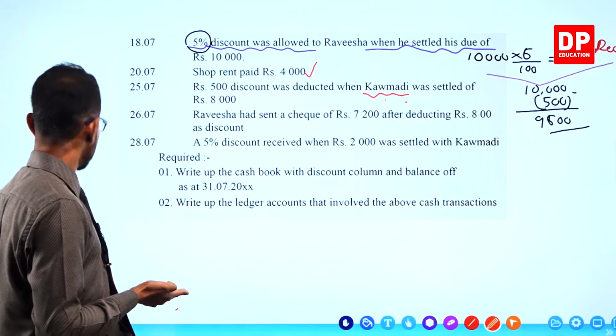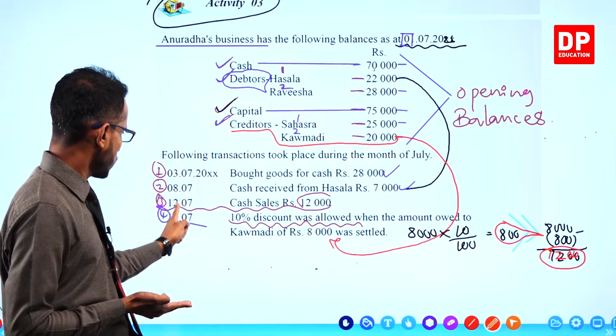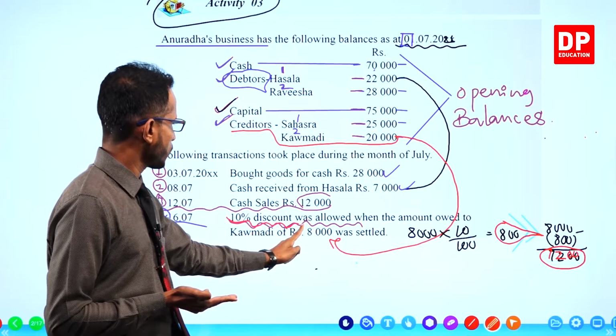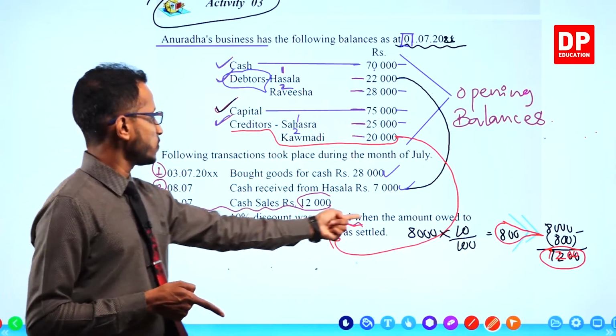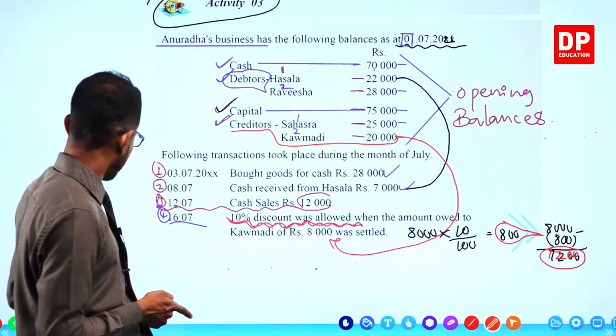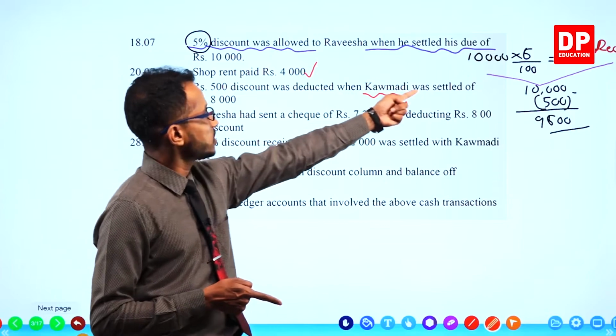We did this. Very similar one. Yeah, this one. Okay. 10% was deducted when we paid Kaumadi 8,000. So that is a very similar transaction.